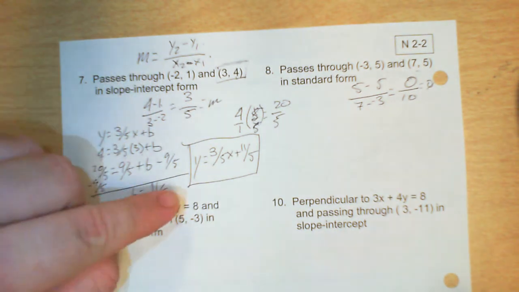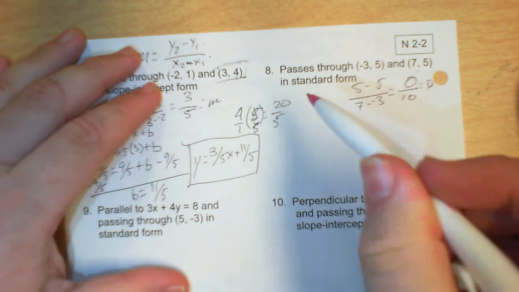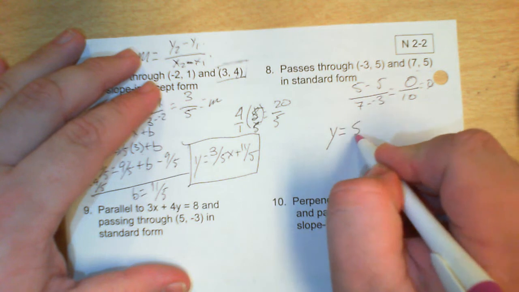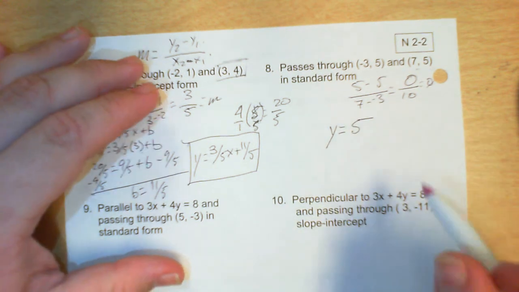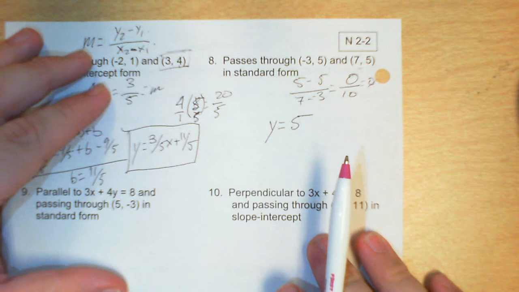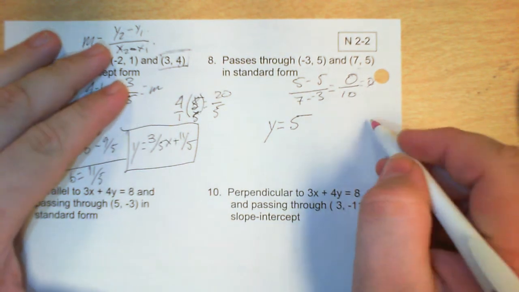So if my slope is 0, that means am I going to have an x in this equation? I'm going to have y equals what? 5. Because what this is going to end up being is that it goes on the y-axis.